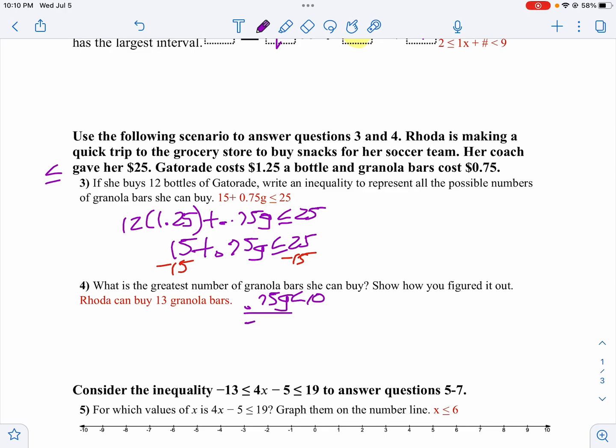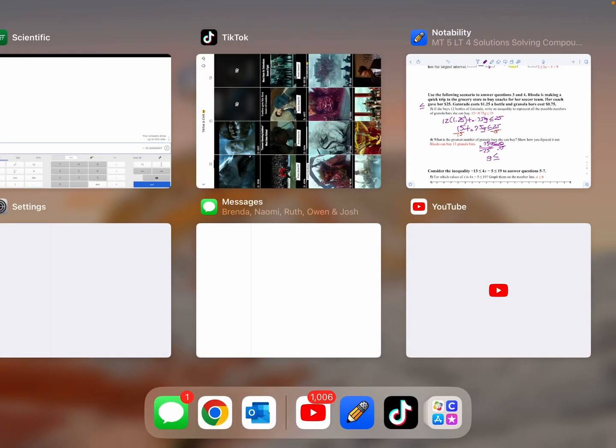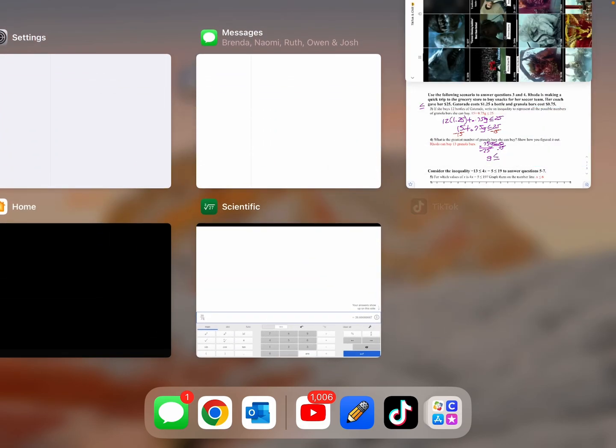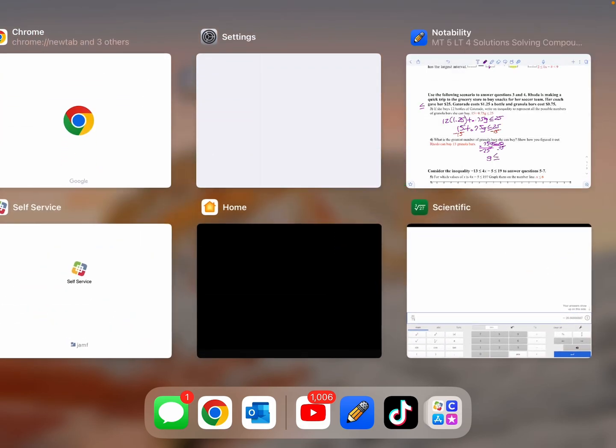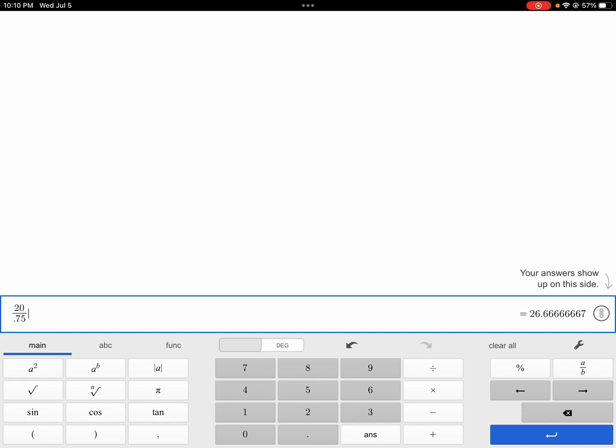Well, to find the number of granola bars, I'm going to take 10 divided by 0.75.